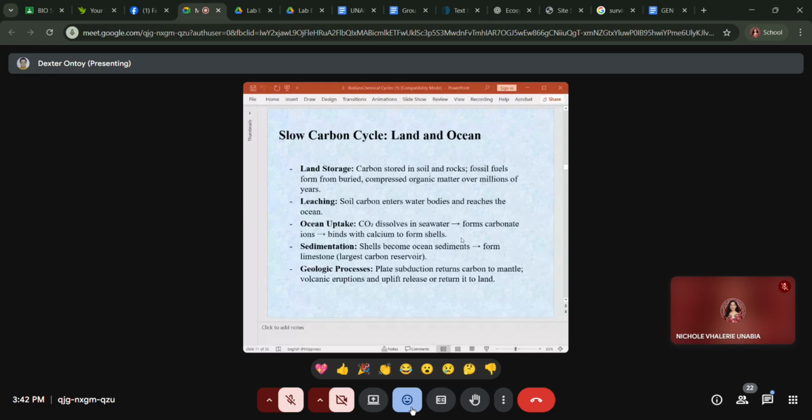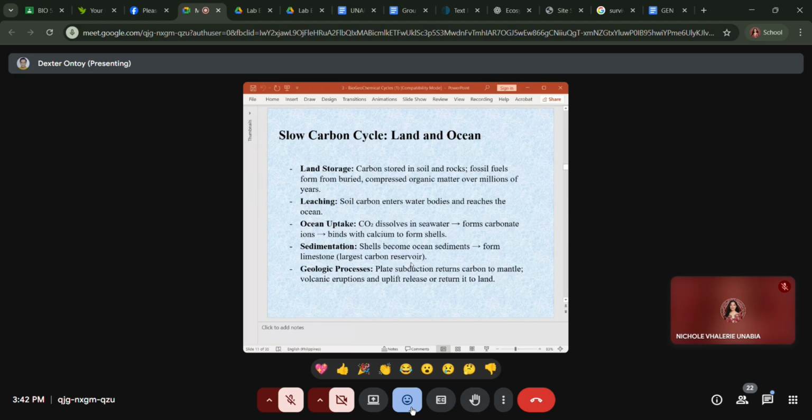And then we also have sedimentation. Shells become ocean sediments and form limestone. Basically, limestone is the largest carbon reservoir. And of course, this kind of process, the transport, would take millions of years.